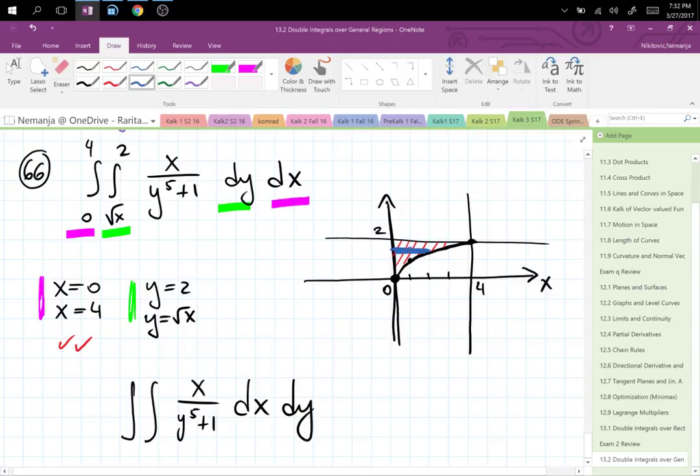Well, delta y lives from 0 to 2 on the outer integral, because the lowest it can go is elevation y equals 0, and the most it can go up is elevation y equals 2. So those are my new limits on the outer integral.